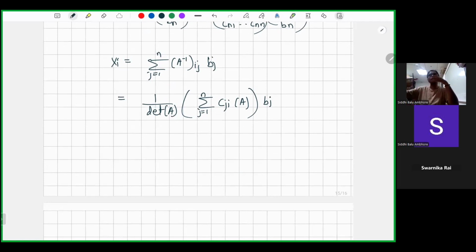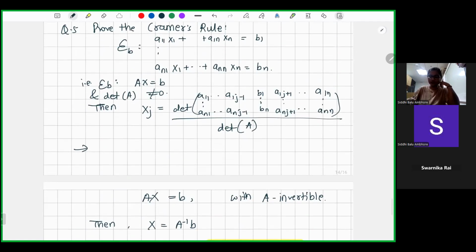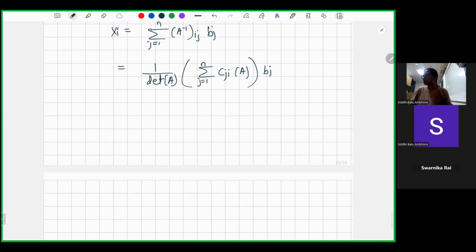If you do the expansion, what we are trying to say is that this xi will be exactly this. We have the denominator, and the numerator is the determinant of this matrix.